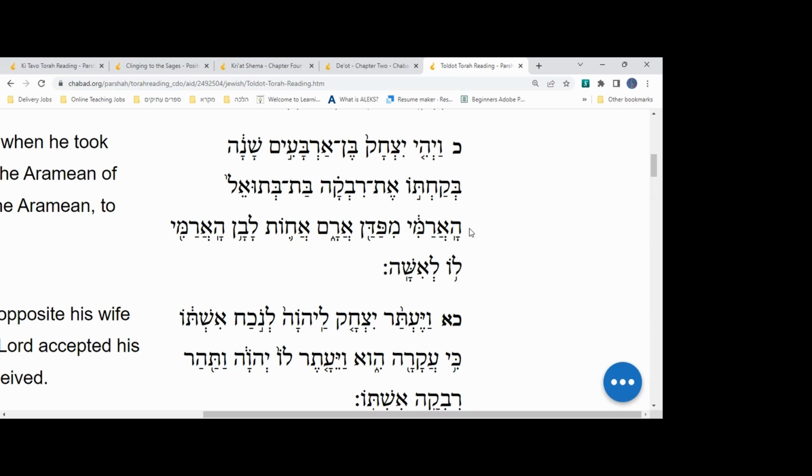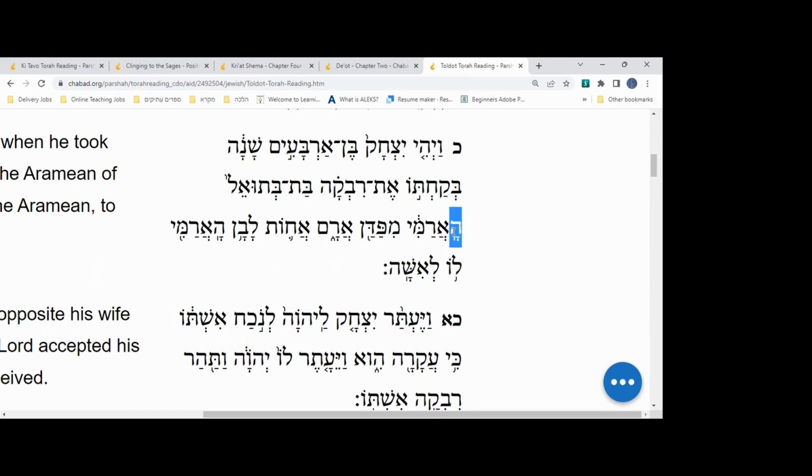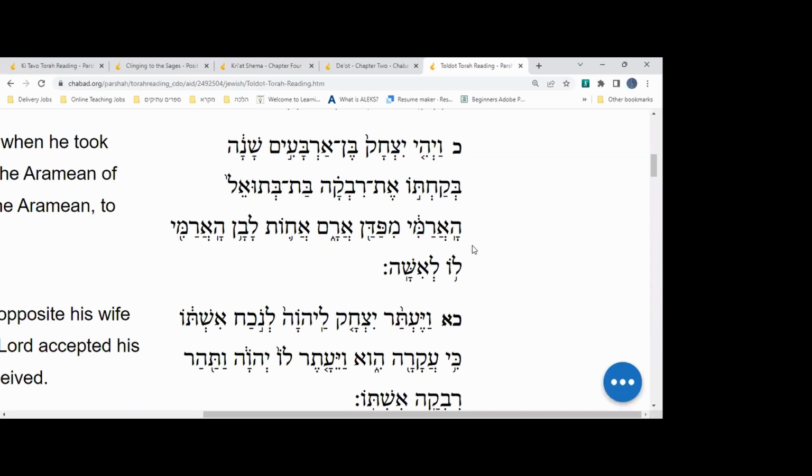Next word. Ha-arami. You notice how you separated the sound of the ha and the ah? You did not say ha-rami. You said ha-ah, right? Ha-arami. You notice you're doing that?